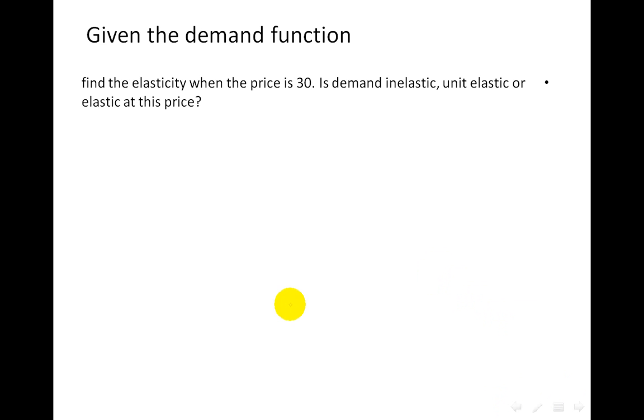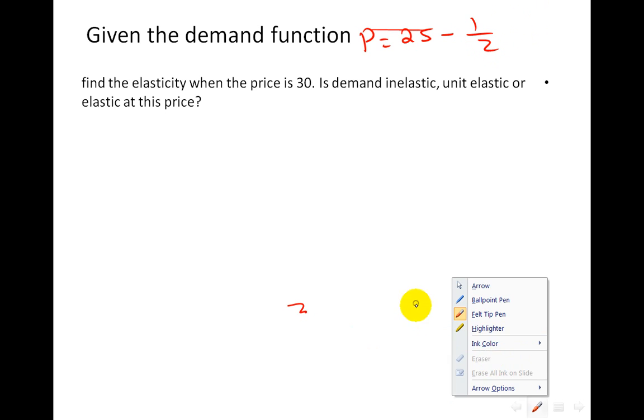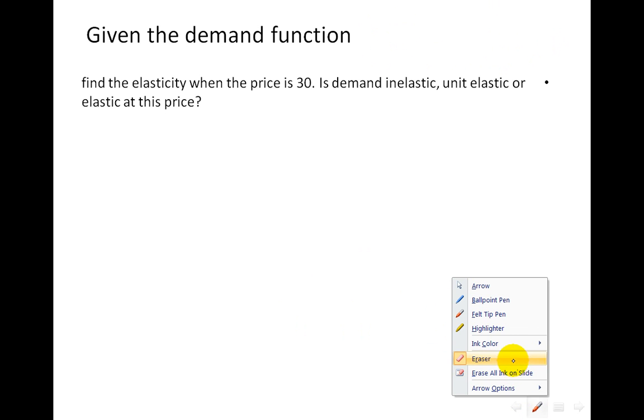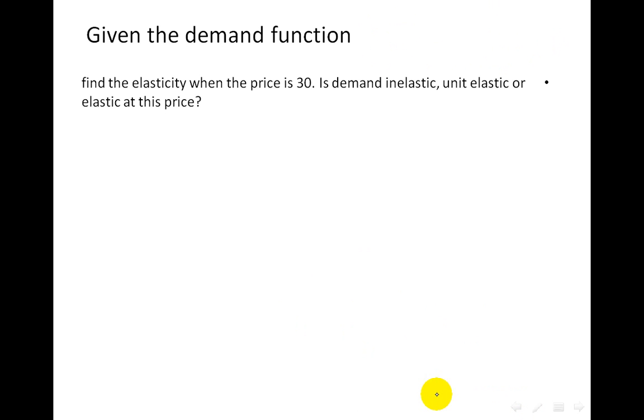So here, given the demand function P equal 50 minus 2Q.